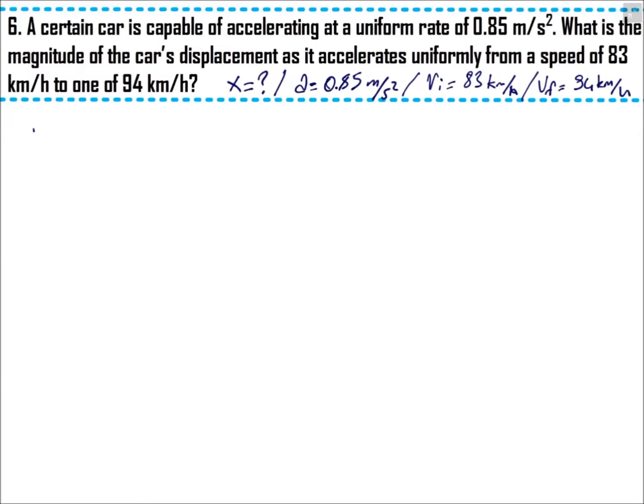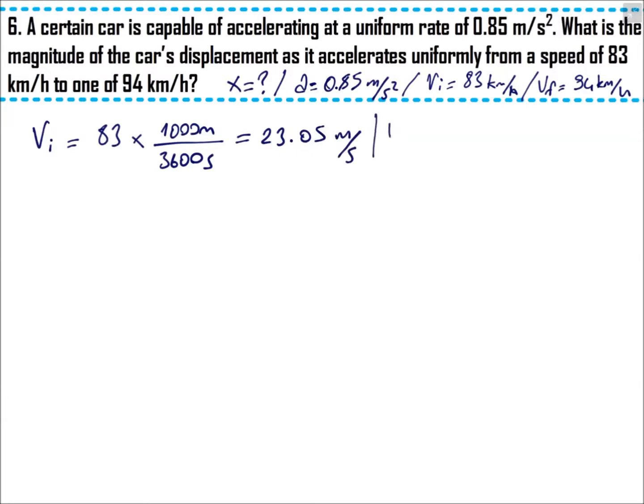So in this question, initial and final speeds are given in km per hour, so I have to convert them to meters per second. V initial is 83 times, instead of 1 kilometer, 1000 meters, over, instead of hour we have to put seconds, 3600 seconds, so it's going to be 23.05 meters per second.